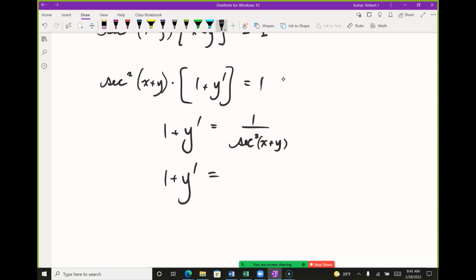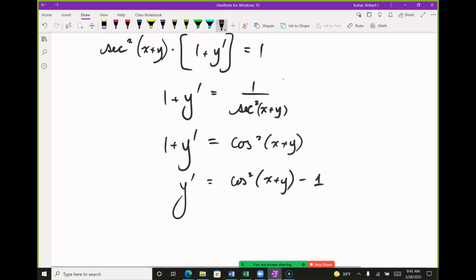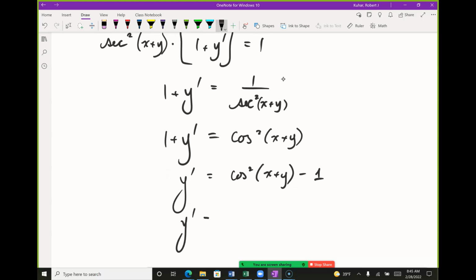Cos squared of x plus y. And again, remember, I'm solving for y prime. So I get y prime is cos squared of x plus y minus 1. And I could rename that what?